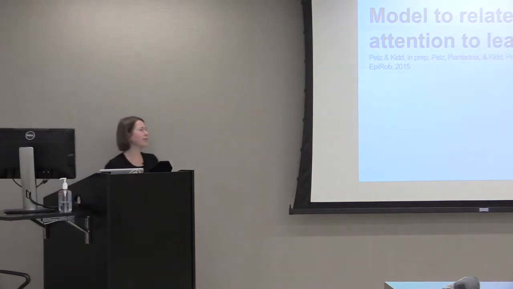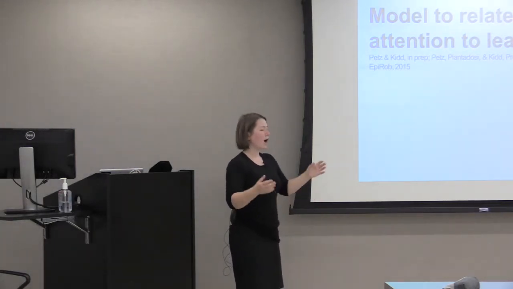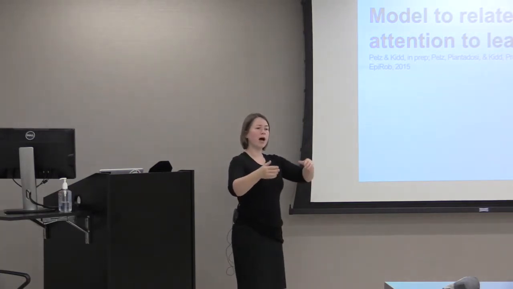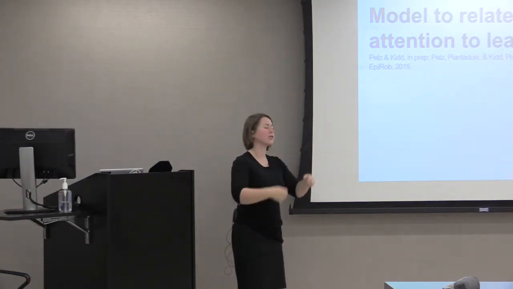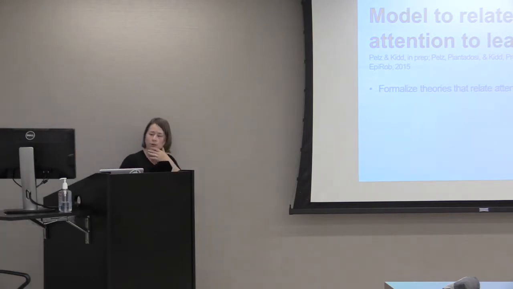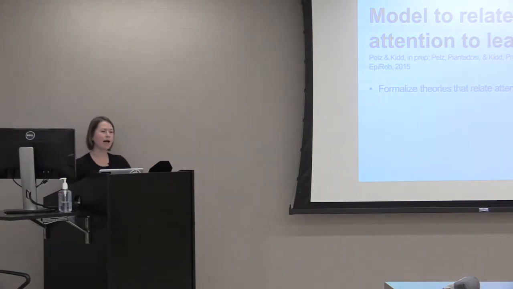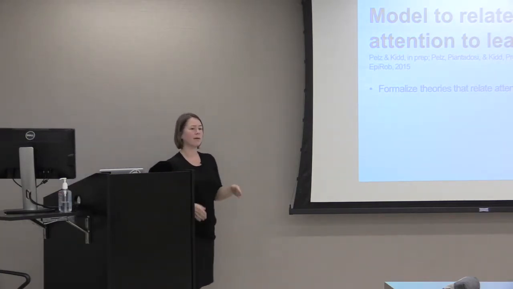We developed a computational model whose purpose was to represent a common formal theory about how attention and curiosity should relate to learning. This is work that was done with Maddie Pels, who's now a graduate student at MIT, with Laura Schultz. The purpose was to formalize theories that relate attention to learning. It's not intended to represent how we think attention and learning work.